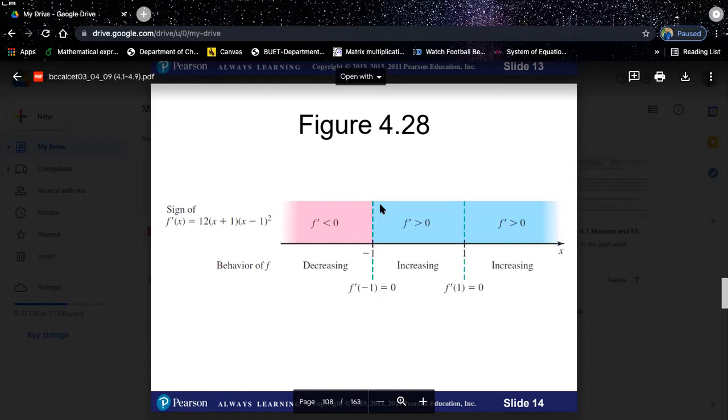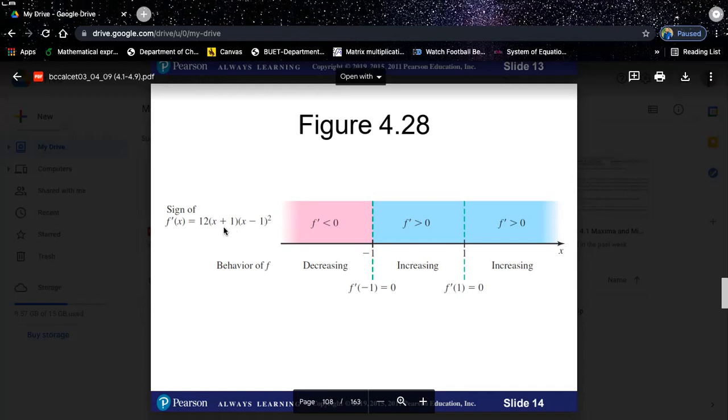So pick points close to -1 and see what's happening. Since this is a squared term, it will always be positive, no doubts on that. Whatever you pick for x, it will always be non-negative. It could be 0, but it will never be negative. A squared term can never be negative.